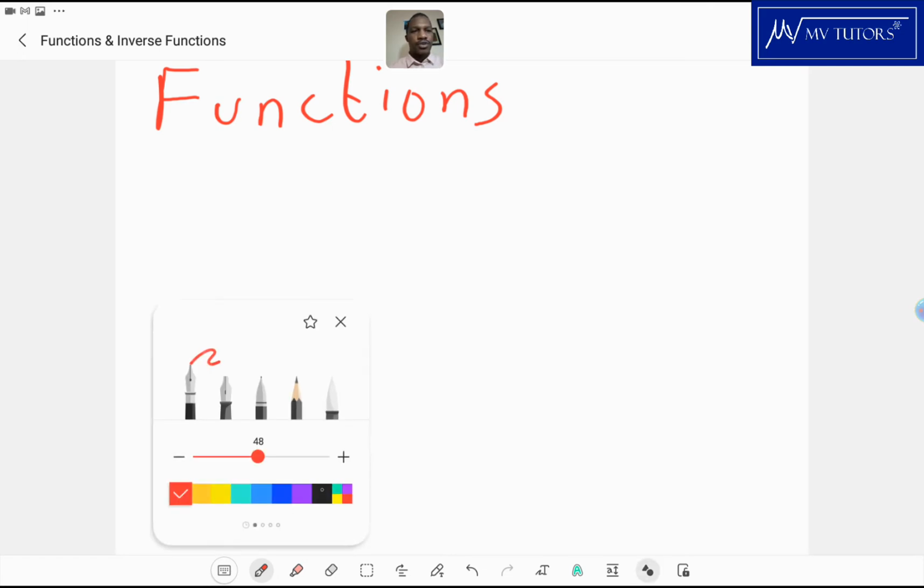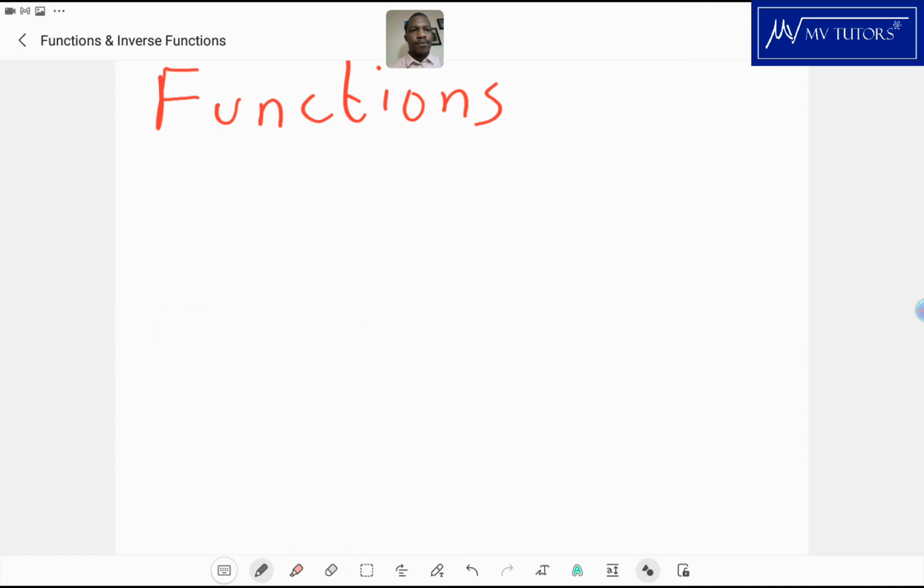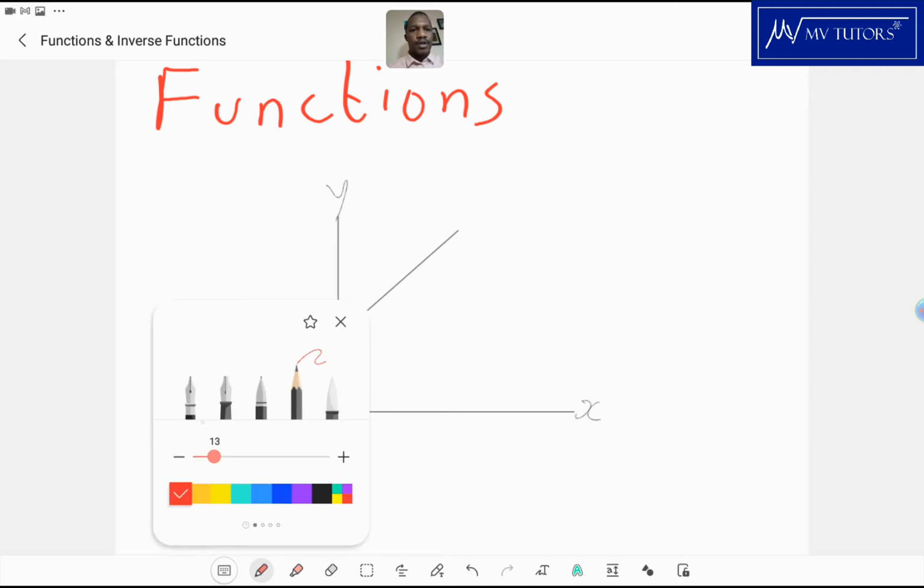Okay, let me just switch to a pencil. Now this is a line function where you just have a line. Let's say that's the line. And then we have x here and then we have y there. Let's go back to our pen.